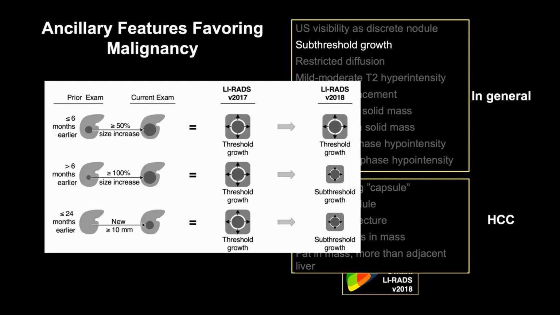So subthreshold growth may be a size increase of less than 50% in a time interval of less than 6 months, or any size increase in a time interval of 6 months or more, or a new observation of any size. So again, this goes back to the wide range of tumor doubling time in hepatocellular carcinoma.